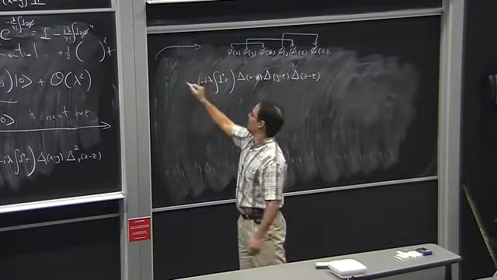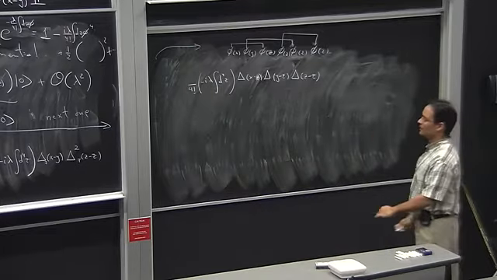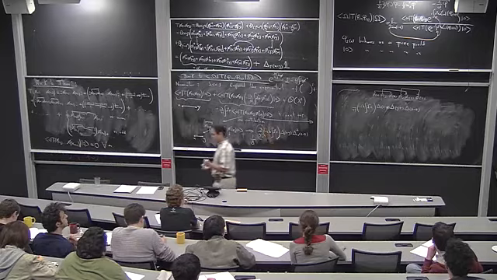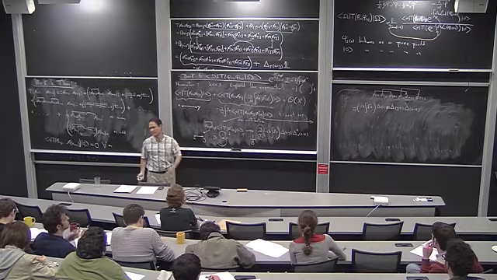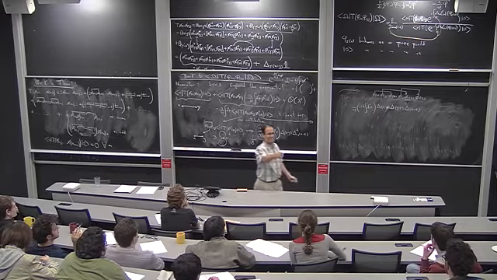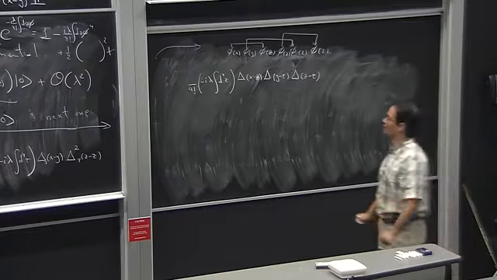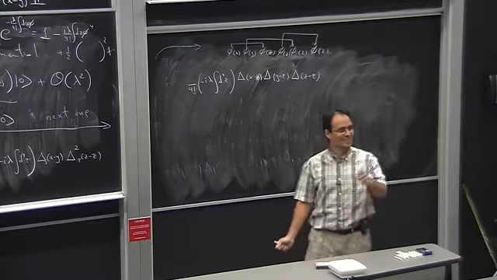What should I write there? Well, it's not 3 and it's not 6. 12, somebody said. Excellent. Why is it 12? Okay, you said it, so you have to explain it.